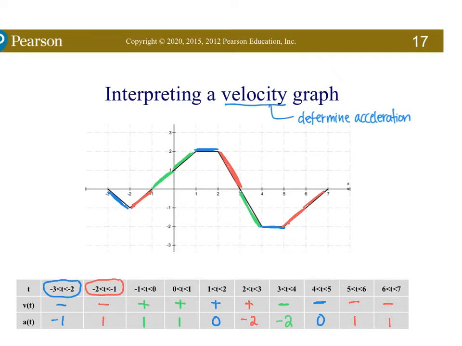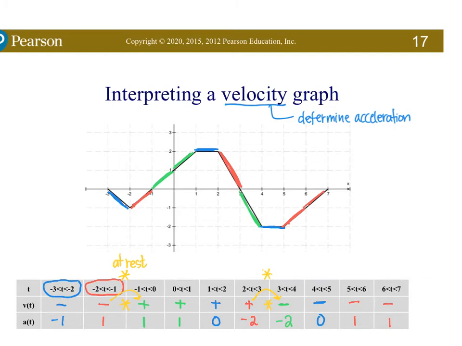It happens right here, where I'm changing from a negative to a positive. And then it happens again right here, where I change from a positive to a negative. There are 2 times where this graph showed a change, and because it's continuous, you can't change from positive to negative or negative to positive without being 0 at some point. And so that indicates that's where the 0 is, to show at rest.